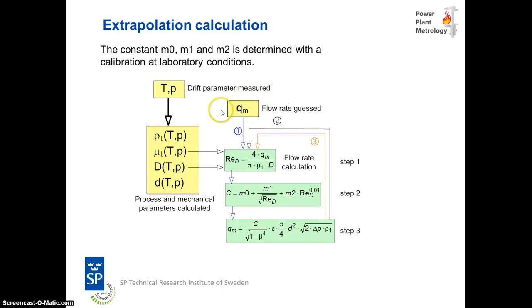Then you guess the flow rate and calculate the Reynolds numbers from the Reynolds number equation. You put the Reynolds numbers in the discharge coefficient equation, and then use that discharge coefficient to calculate the flow rate. And then you iterate this until you get a stable value of the discharge coefficient.